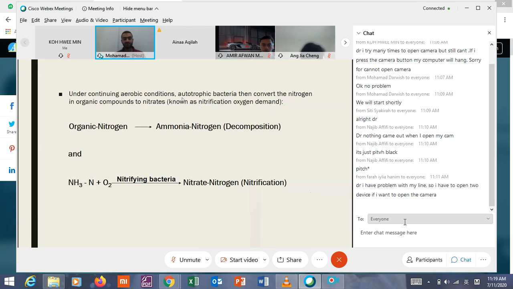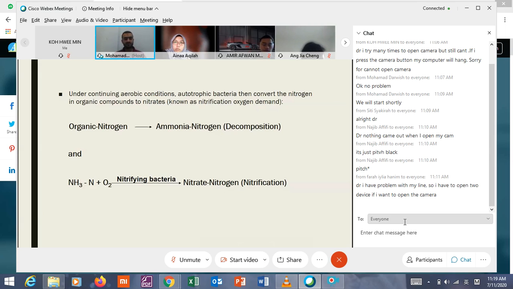So we have two types: heterotrophic at the 5 days, decomposing the carbonaceous oxygen demand, and the second stage after the 5 days, normally around day number 10, when the autotrophic bacteria will start decomposing the nitrogen in organic compounds into nitrates.